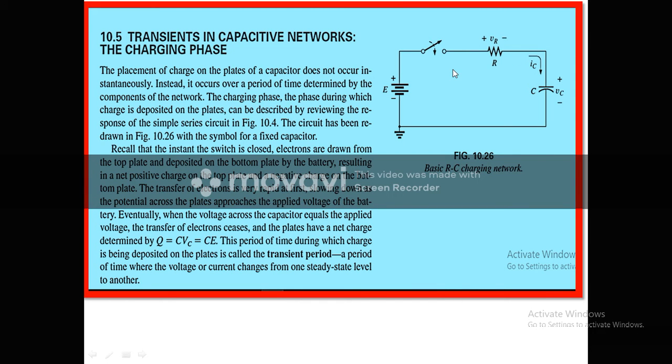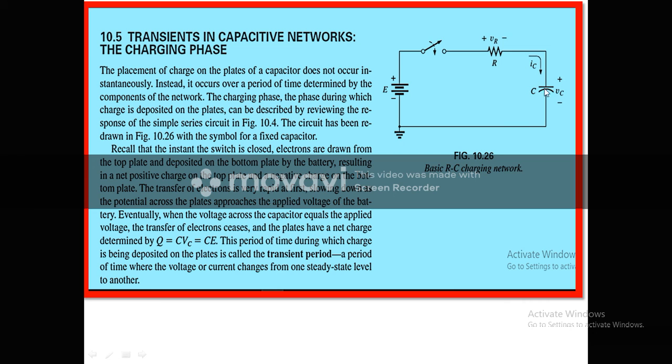Here is a series RC circuit having R and C, and a switch is placed in series with these RC elements. So as we close the switch, the circuit would be a closed circuit. Then the current starts to flow through that circuit, and the charges will be deposited one by one on that capacitor.